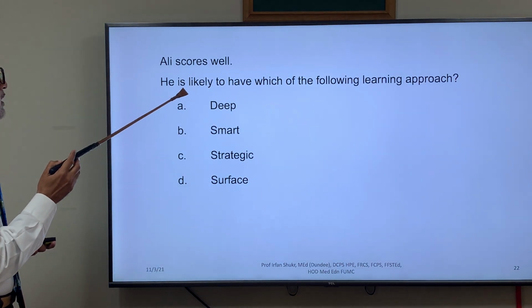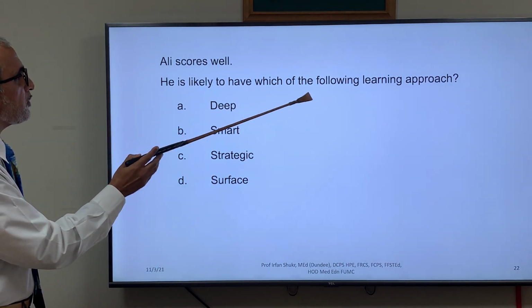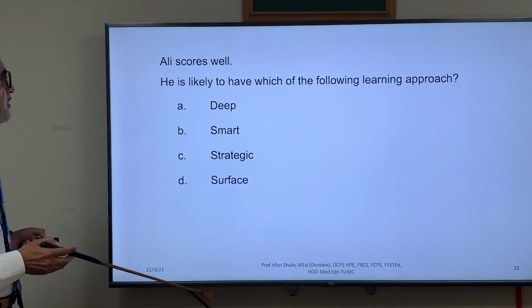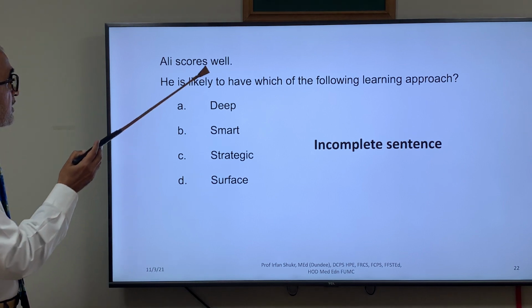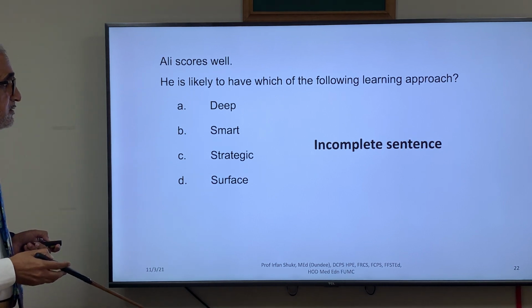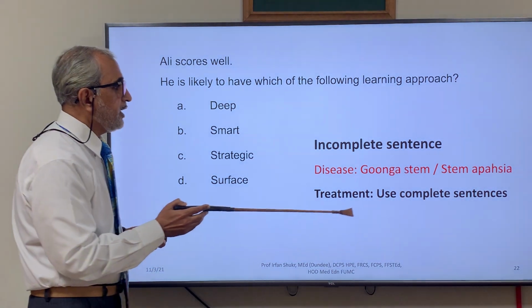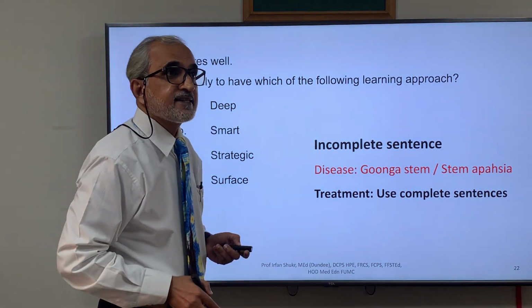Ali scores well, he is likely to have which of the following learning approaches? Deep, smart, strategic, surface. This is an incomplete sentence. So therefore, if you want to improve its quality, then use complete sentences.